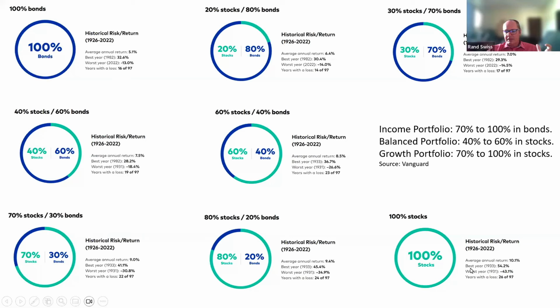Let's move all the way up the risk spectrum to equities or stocks. The worst year, 1931, it's a while ago, but that was minus 43%. But also in 2020, we had a minus 19, minus 20% on the S&P 500. Just to give you an idea, the volatility when you're in stocks is part of the decision-making process when we talk about asset allocation.